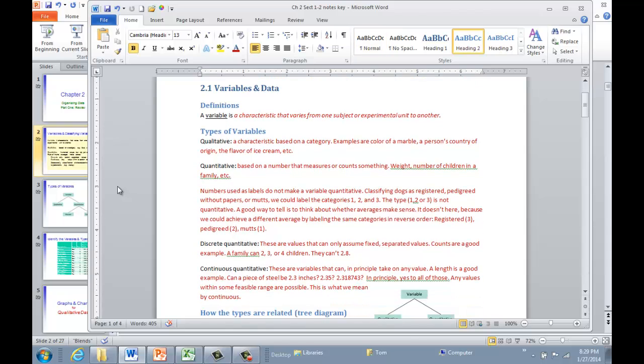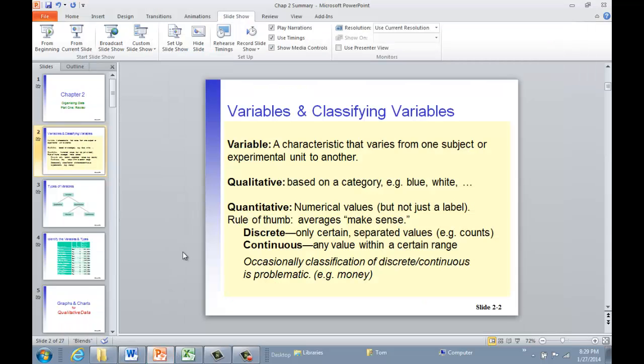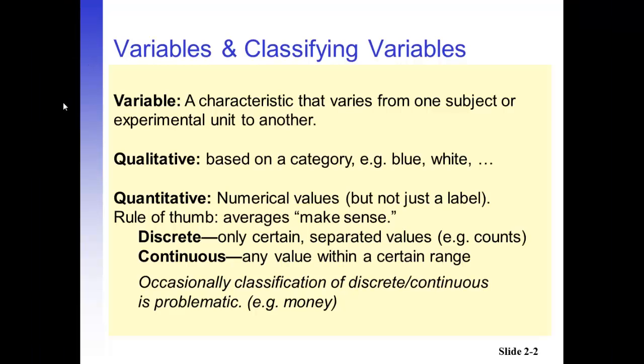Now, variables could be either discrete or continuous if they are quantitative. So back here, a discrete variable is one that can only take on certain separated values. Counts are good examples of that. You could have 0, 1, 2, 3 children in a family, for instance.